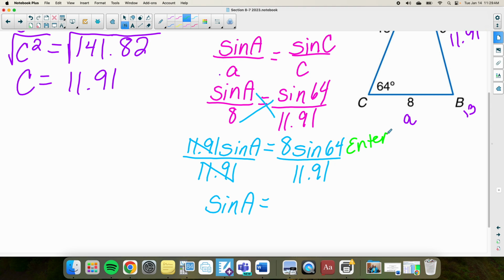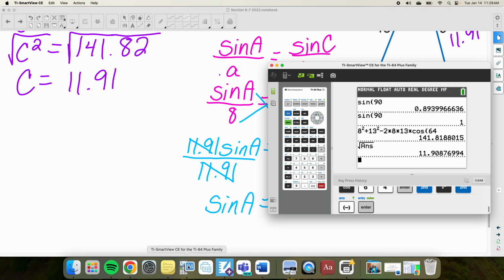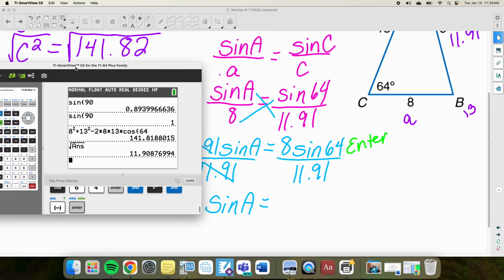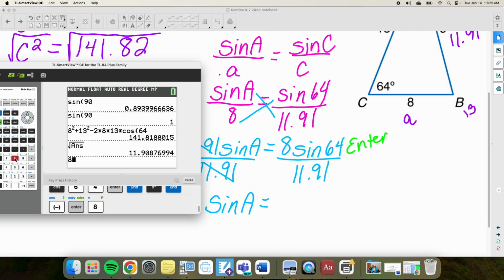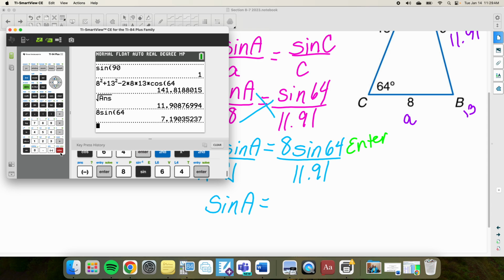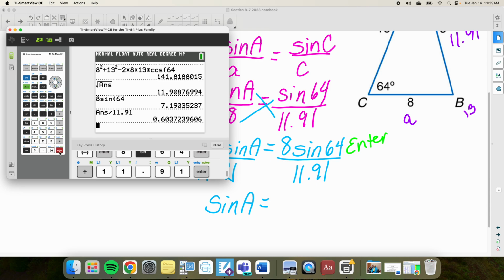You can do it with parentheses, but I hate using parentheses, so I just choose not to. So here's what I'm going to do. I'm going to go 8 sine of 64, enter, and then divide by 11.91.